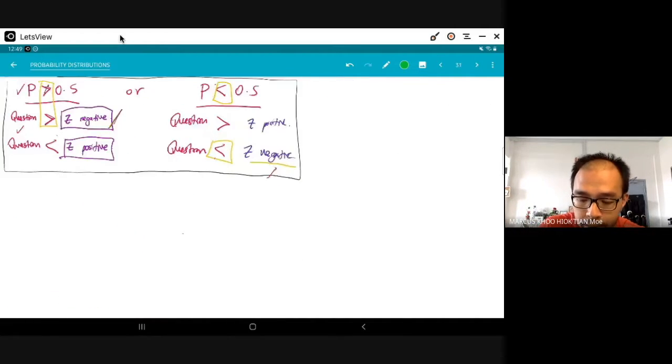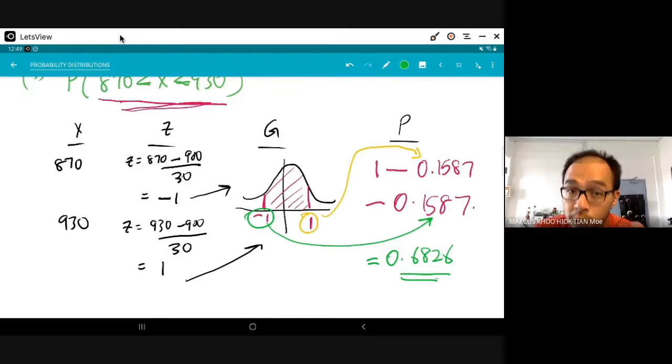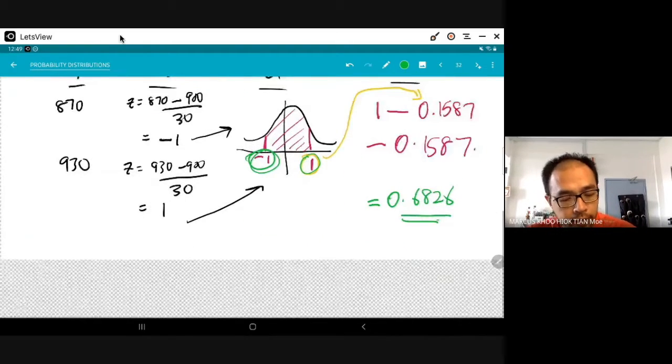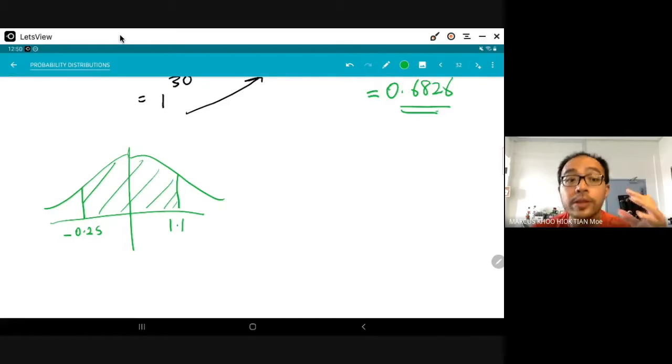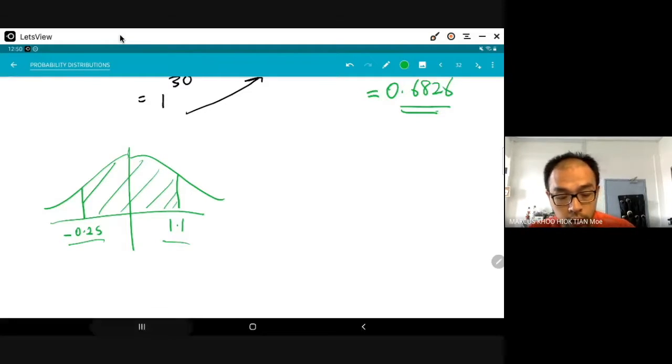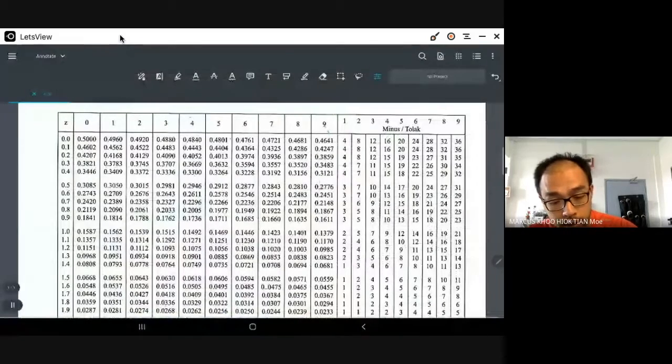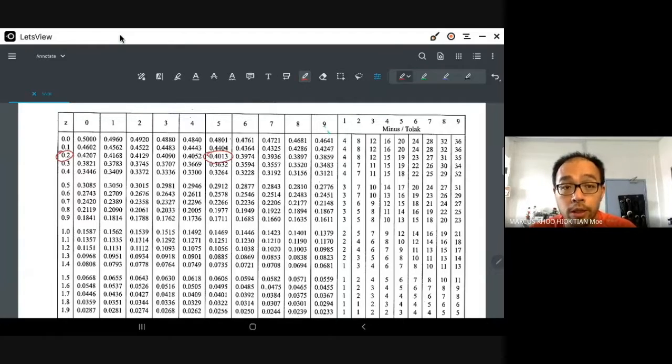Sometimes this question just happens to have the same probability, 1 and 1. But what if, let's say, this is my z-score, negative 0.25, and then this one is 1.1, and I want to find the in-between like this? We still use the same thing, except that we have to read the probability two times. For 0.25, the reading is 0.4013.